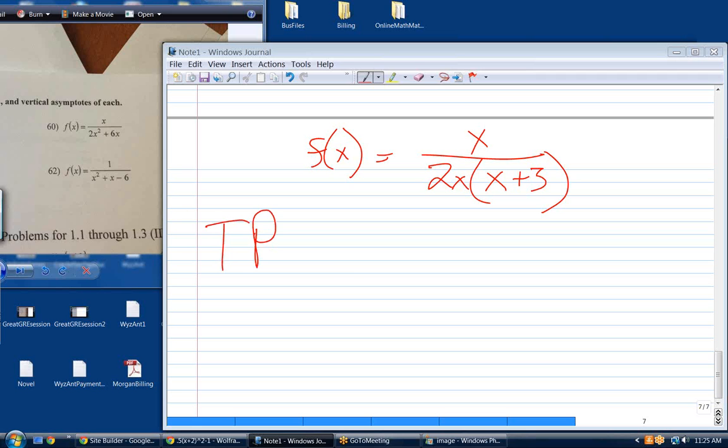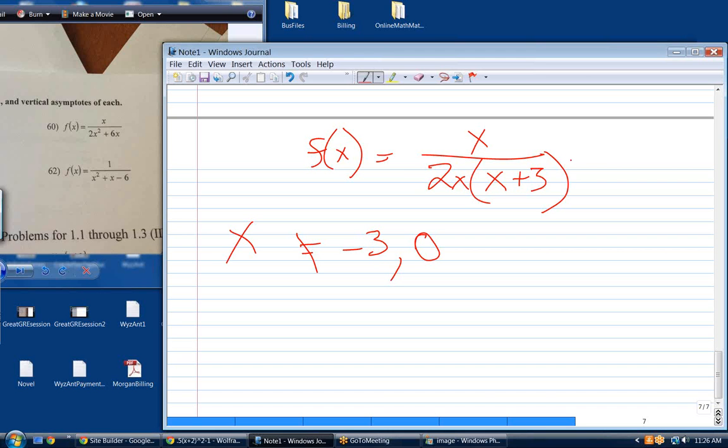Is it 2x and -3? Trouble points are going to be whatever makes the denominator 0. -3 was correct. What else makes the denominator 0? 0. That's a trouble point. In other words, this means that x can never be equal to either of these things, regardless of how we simplify it.